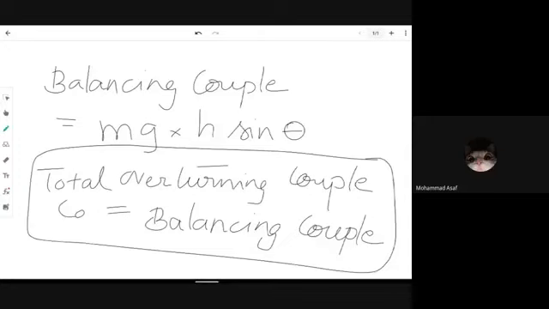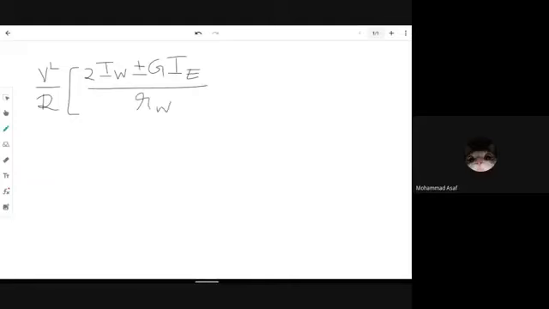So the condition for stability of a two-wheeler which is moving and taking a turn is nothing but this overturning couple is balanced by a balancing couple. So when you equate the two equations, for the overturning couple, the equation was v square divided by r multiplied by 2 into Iw plus or minus G into Ie, whole divided by Rw, plus m into h cos theta.